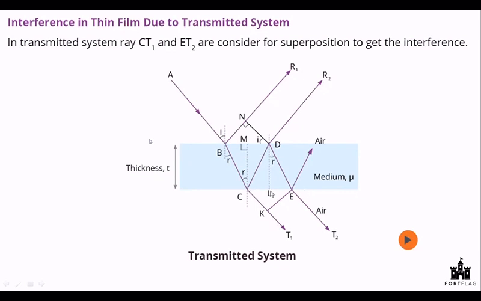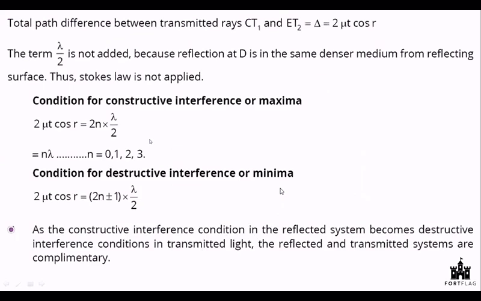So mu times CD and DE minus CK will be the path difference, and you solve for it. In a similar fashion, you will get 2 mu t cos r equal to 2n into lambda by 2, or n lambda. So that is the condition for constructive interference.